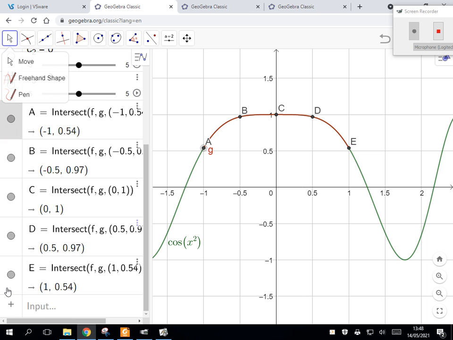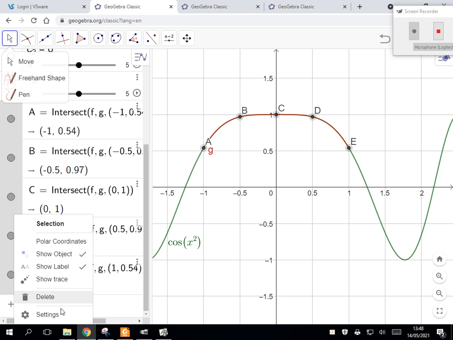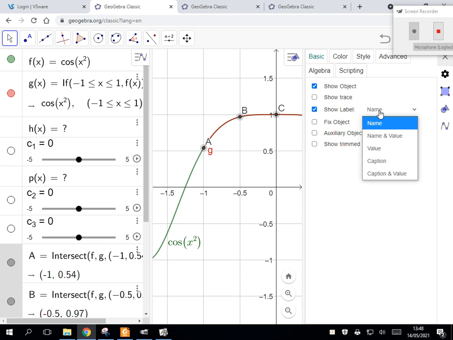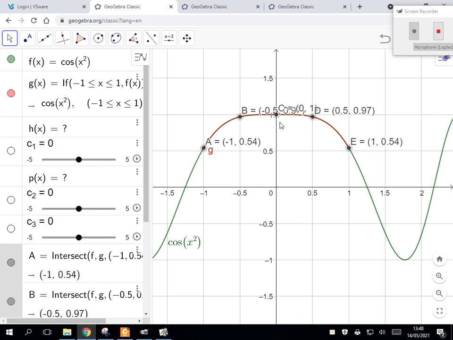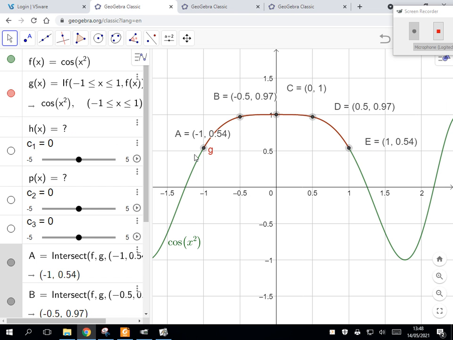All right, now. Let's have a look at this. So the first offset there will have a length of 0.54. The next one 0.97, the next one 1, the next one 0.97, the next one 0.54. Actually, it's an even function.